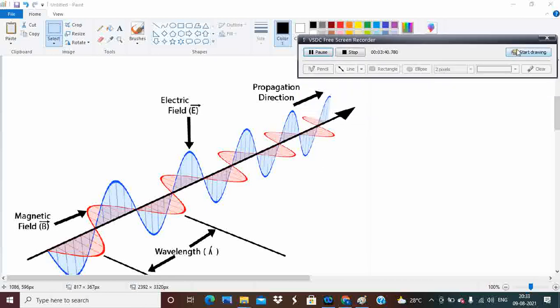One thing I want to say is that electromagnetic waves travel in the form of sinusoidal waveforms. It can also be represented as e power minus j theta, where theta indicates the angle of the sinusoidal waveform.